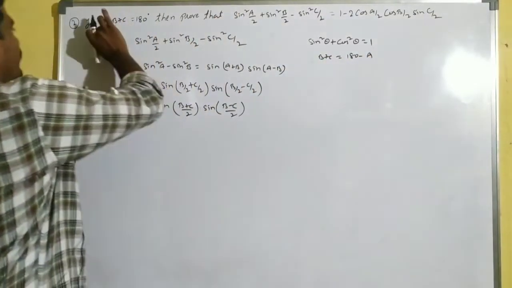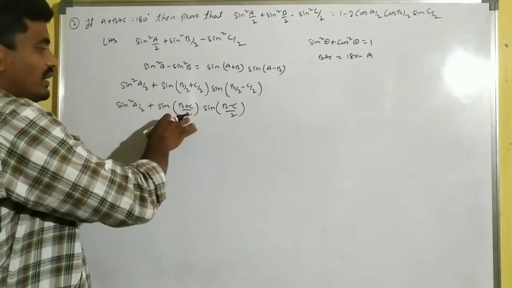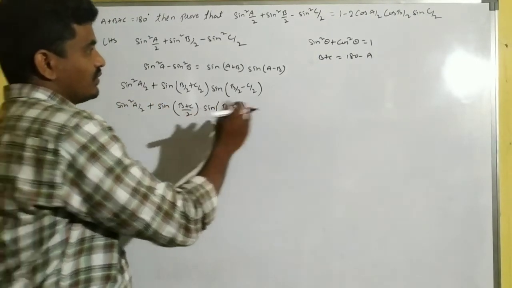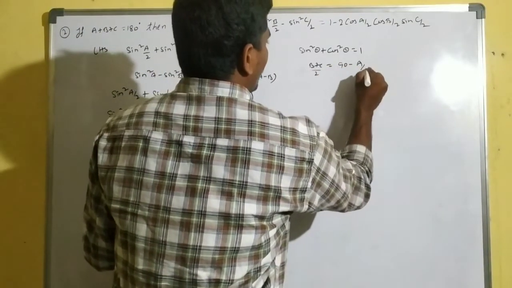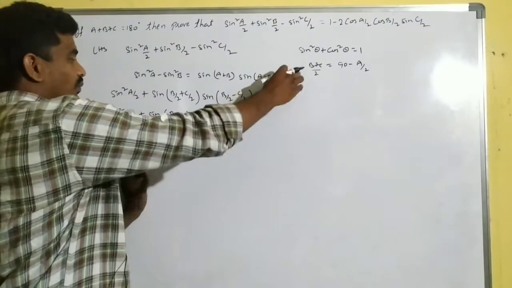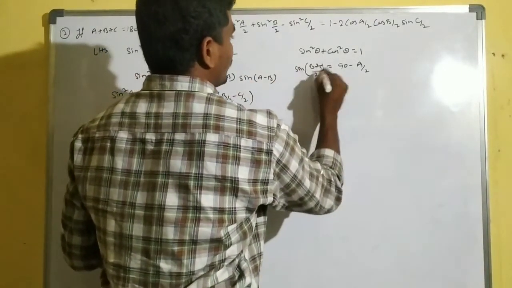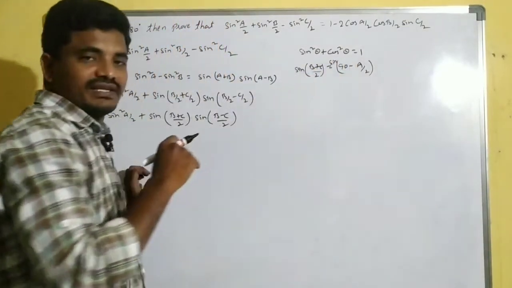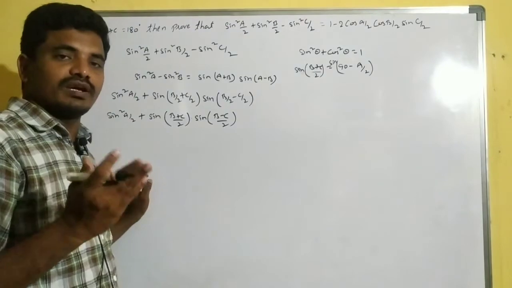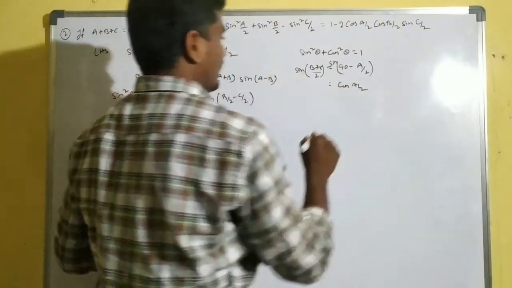When a is sent to the right side, we get 180 minus a, and by 2 we need here. So I take by 2 on both sides and apply sine on both sides. Sine of 90 minus theta, in the first quadrant, sine becomes cos, so it becomes cos a by 2.